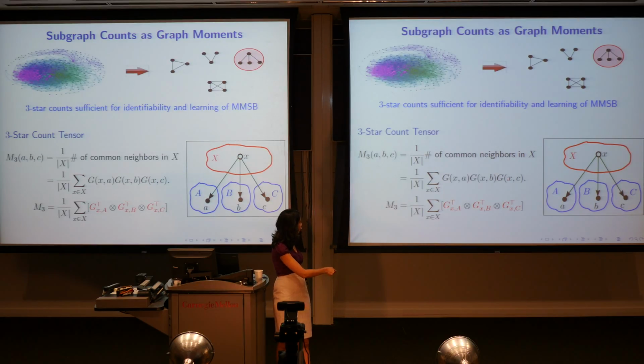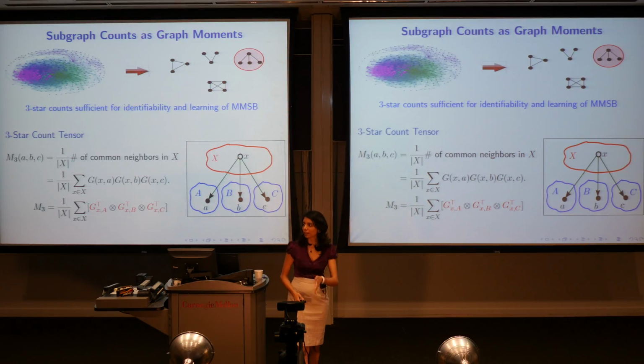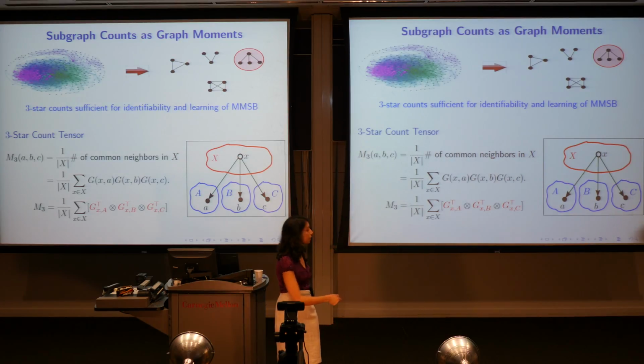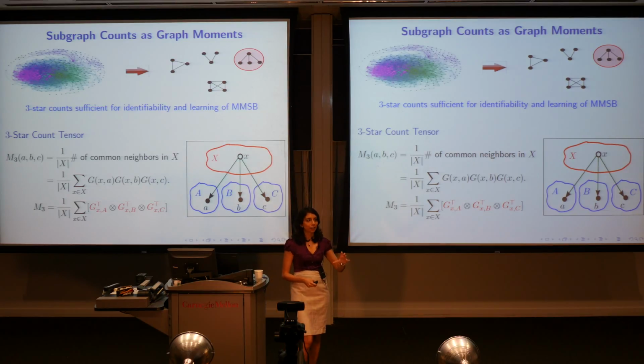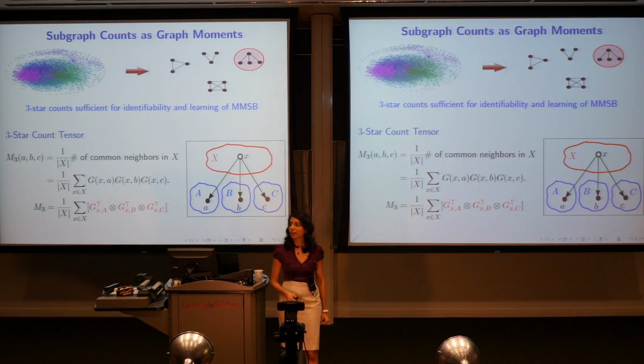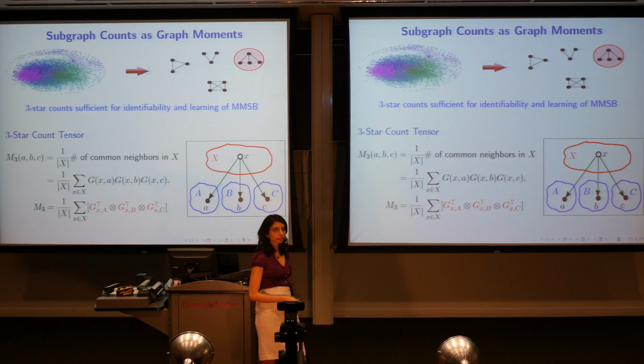So G_X,A represents the set of all the edges from node X to this set A. Okay, so it's a vector, and similarly for B and C. So now you can see that this is a 3rd order tensor, because I'm just looking at how many common neighbors every possible set of triplets in these sets have across here in this other partition. Is that clear? So this is again a 3rd order tensor.